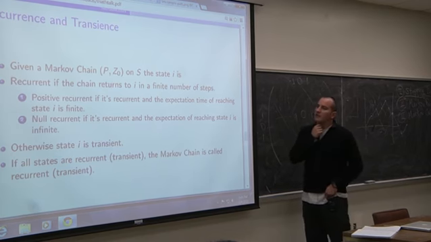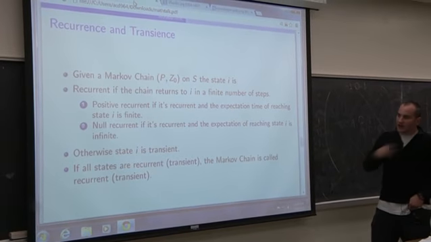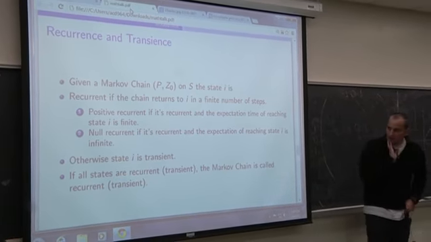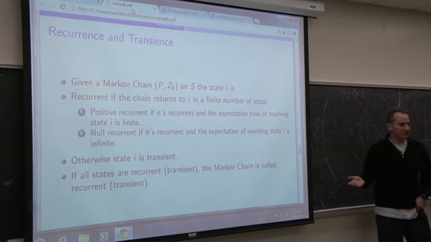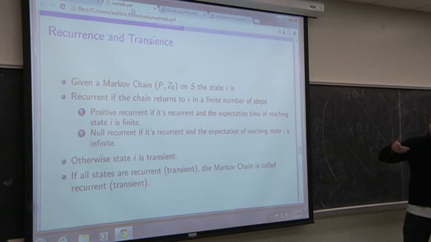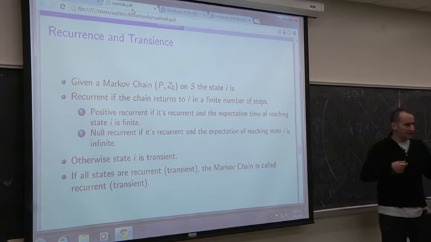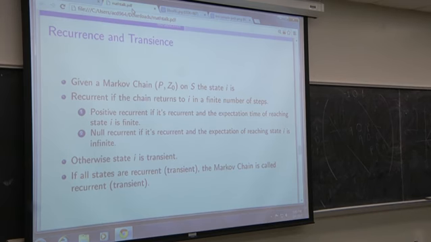And null recurrent if it's recurrent and the expected time of reaching state i is infinite. And otherwise it's transient. So if all states are recurrent or transient, the Markov chain is then called recurrent or transient. So the idea is that at some point I will reach any state, regardless of how I started my system. So recurrence and transience are characteristics of states and of chains.